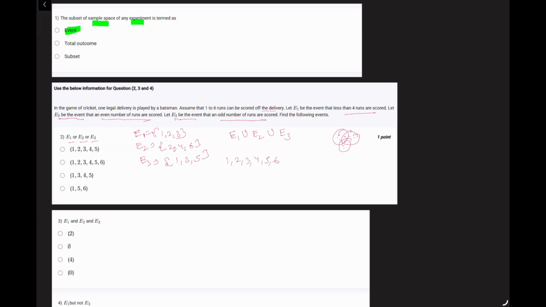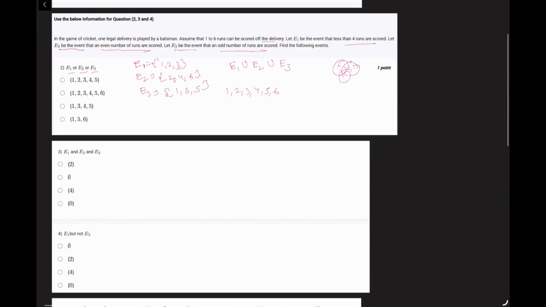And then we have the next question, E1 and E2 and E3. When we say and, what we mean is the intersection. So the number has to be in all three. My circles are very small, I don't think you will be able to see it. Let me draw bigger circles.